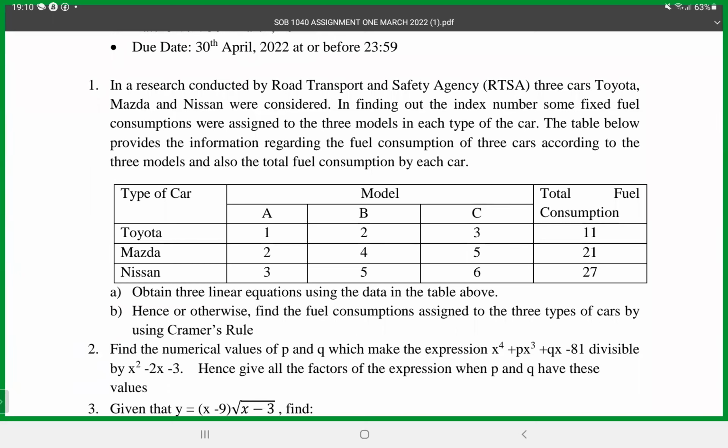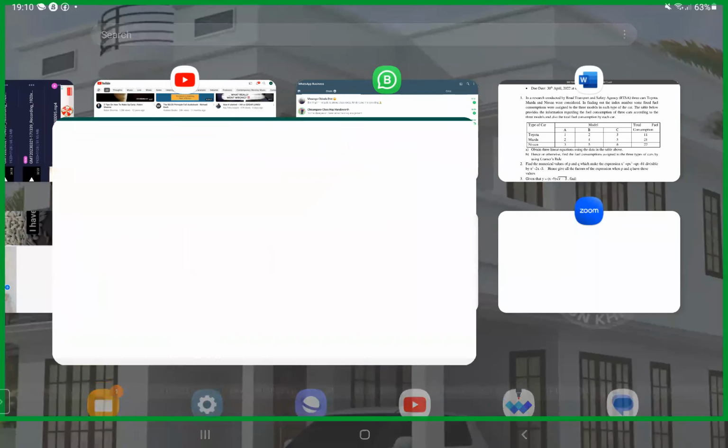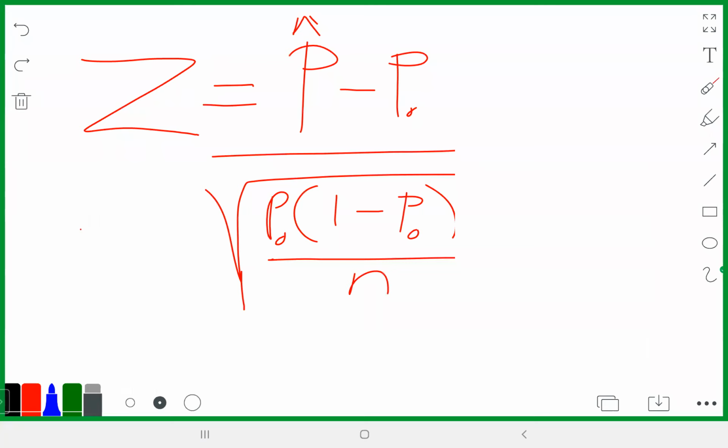But to start with, let me extract some questions that came first in the quiz. These guys had a system of the following equations. I'm writing them down here. The equations were x plus 2y plus z equal to 17.